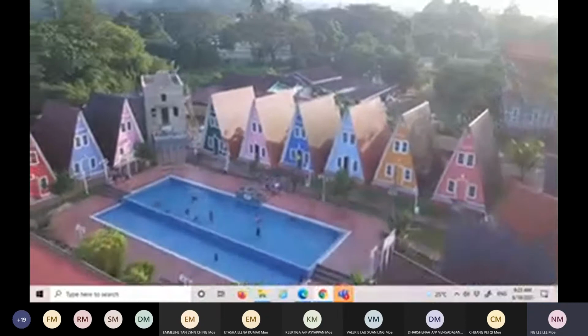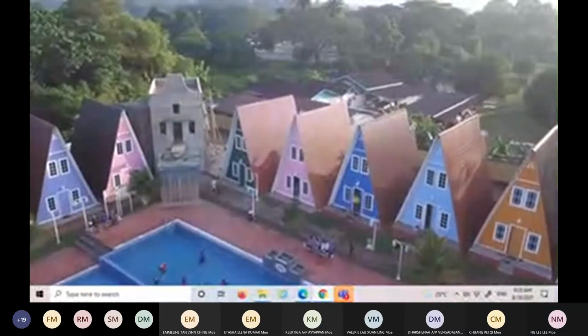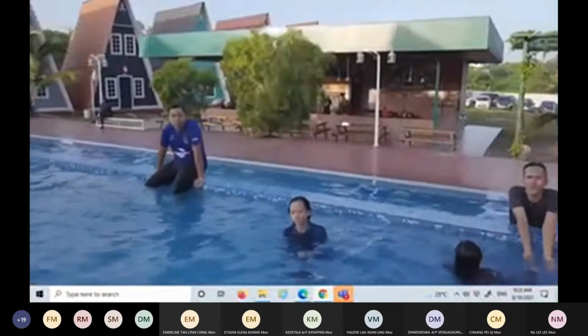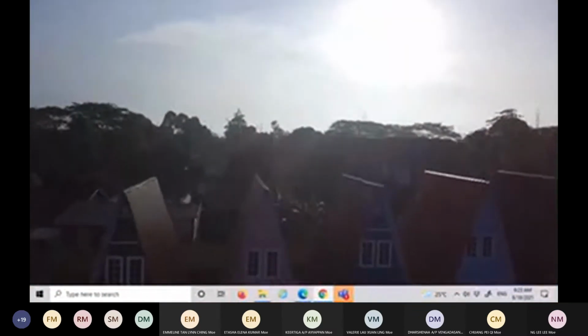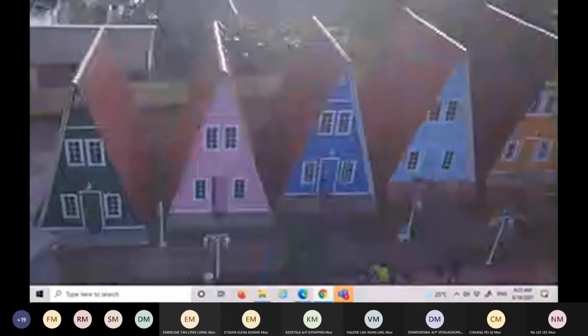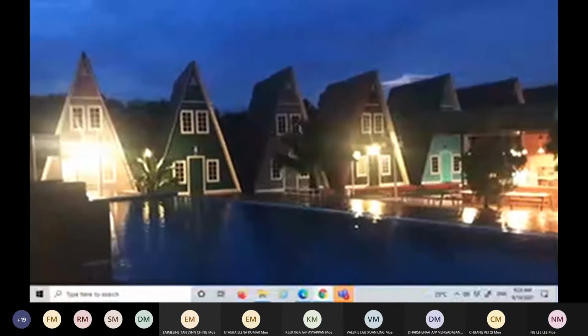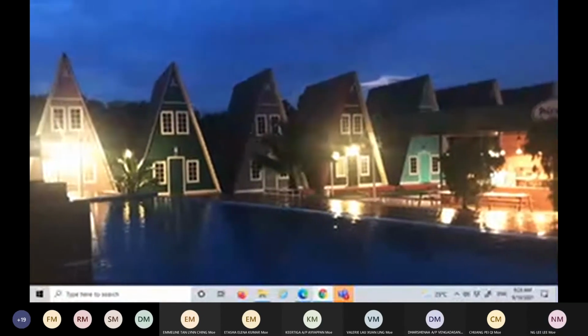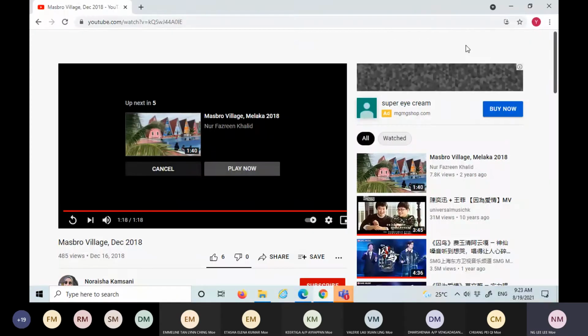They only show the outside. When we can go on holiday, we really want to go.